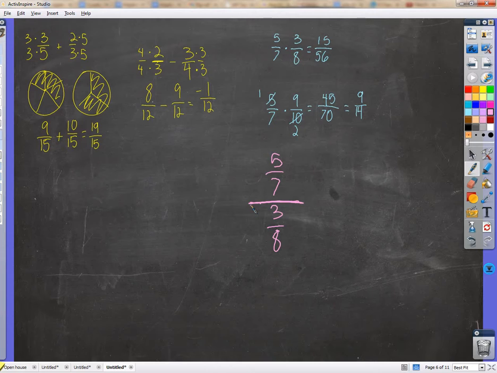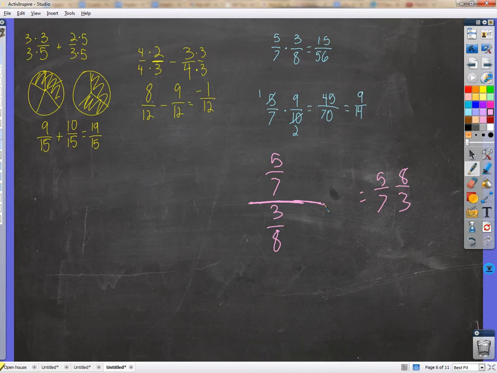So yes, the correct thing to do is 5 sevenths times 8 over 3. But I like to have a little bit of a proof that that works, just so that if I ever forget, I can remind myself. Okay?